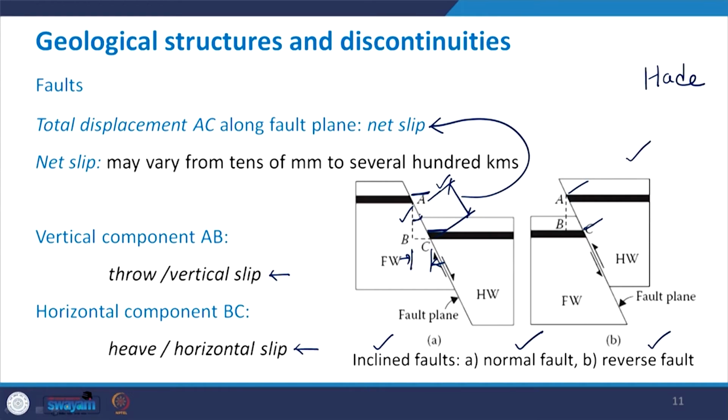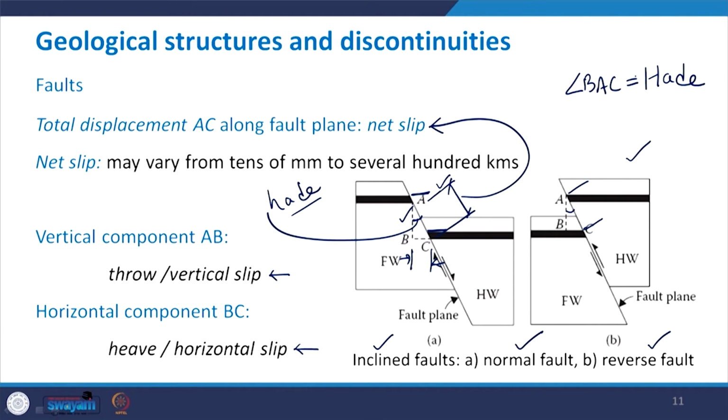So, you see this angle is head in this case. That means it is the fault and a vertical plane which is striking in the same direction, and the angle between these is called as head. Similarly, in this case angle BAC, that is head.